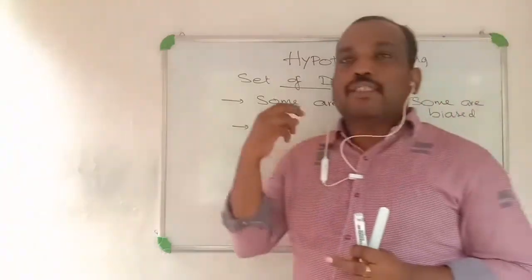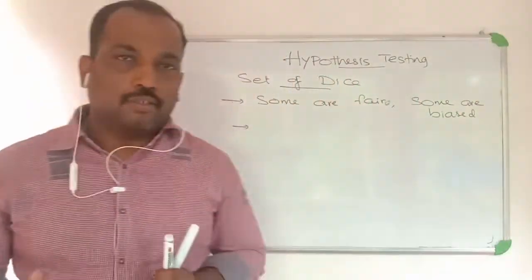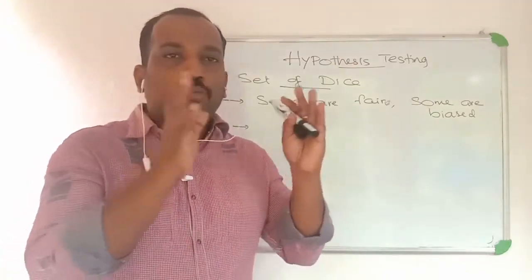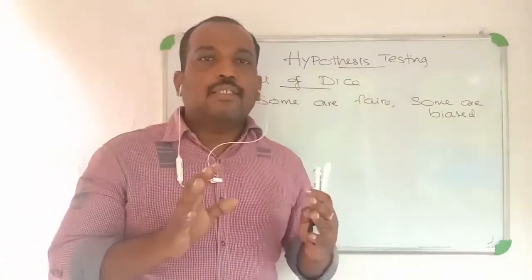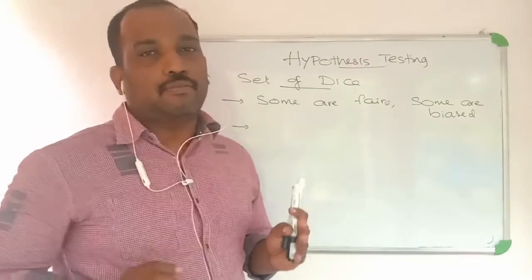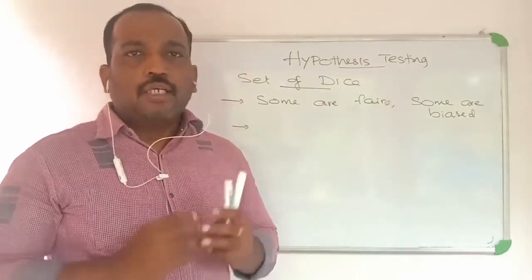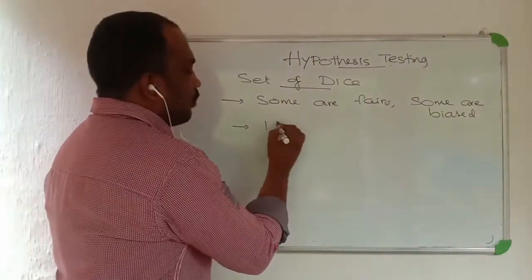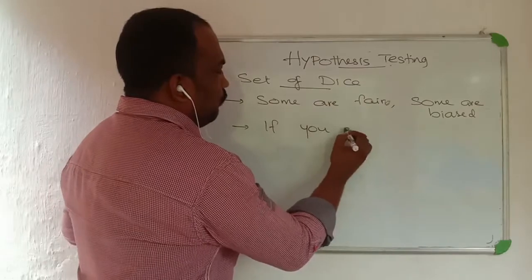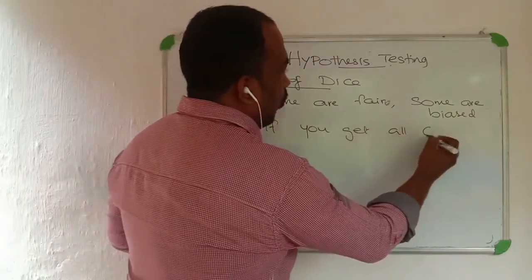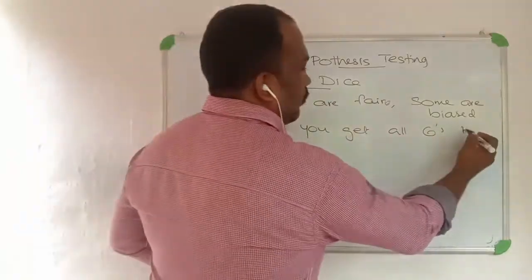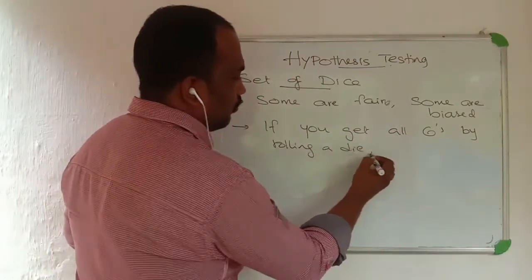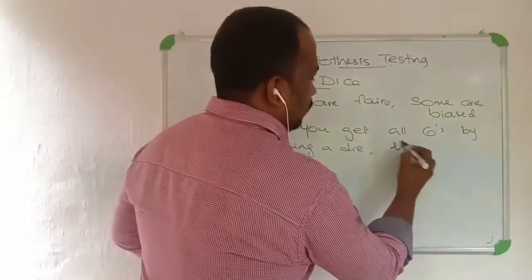To test whether the die is biased, we need some conditions to be provided by the person who made the claim, the claimer. For example, suppose the claim is that if you get all sixes by rolling a die, then it is biased.